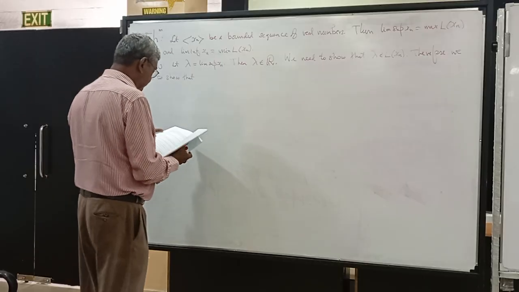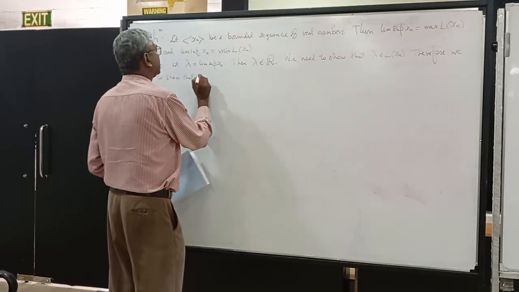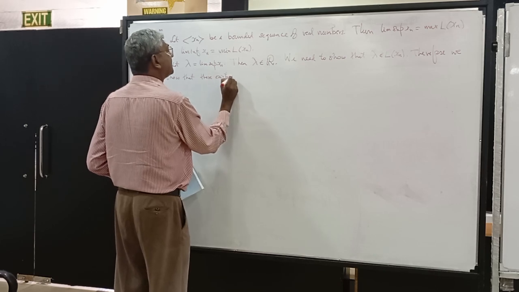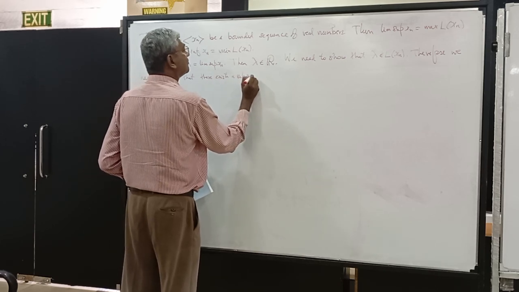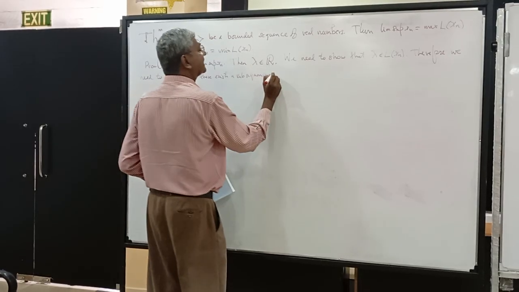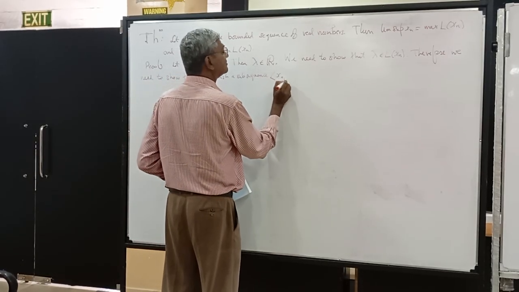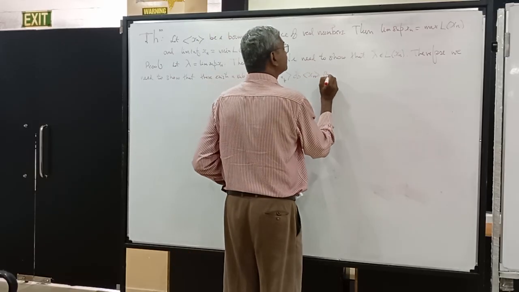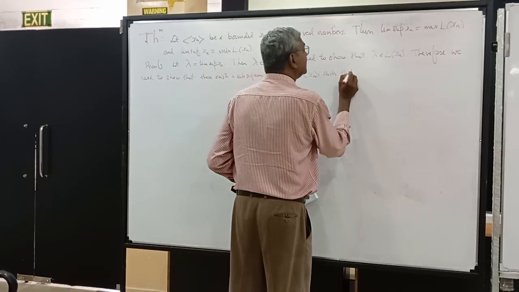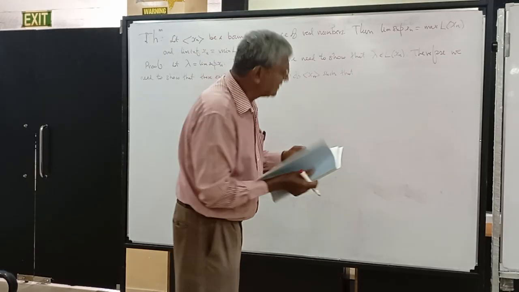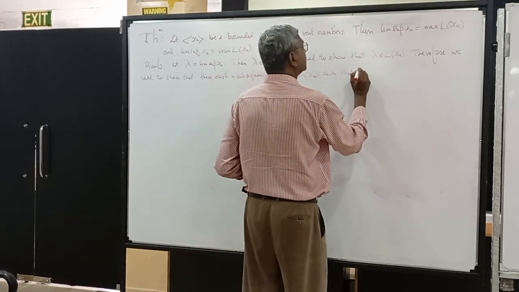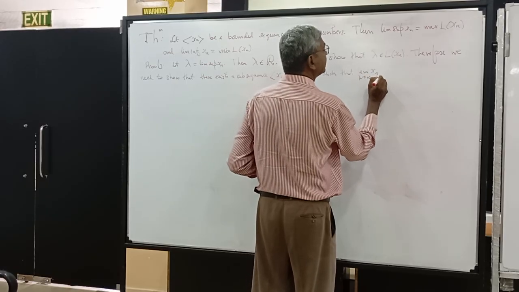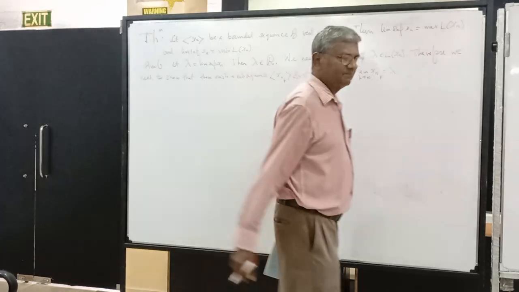there exists a subsequence Xnk of Xn such that, let me write the same statement as in the book, lim as k tends to infinity of Xnk is equal to lambda.